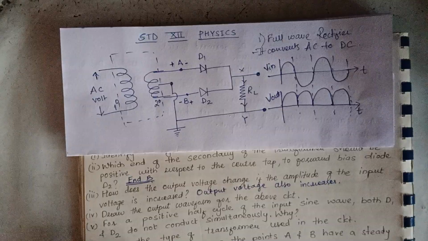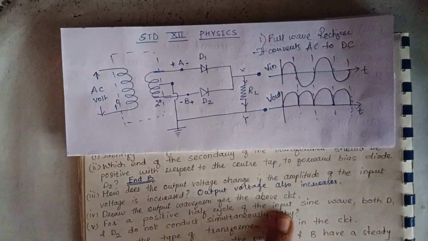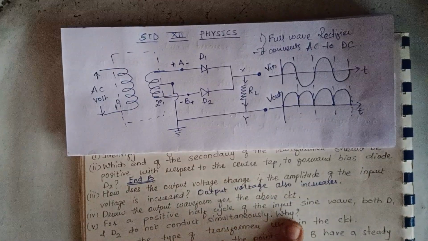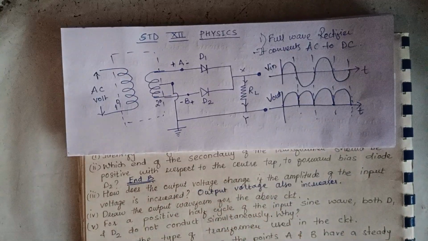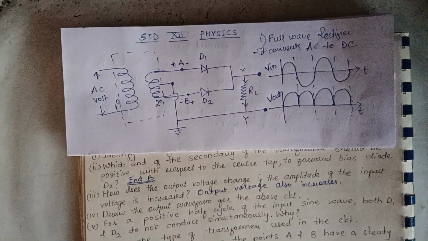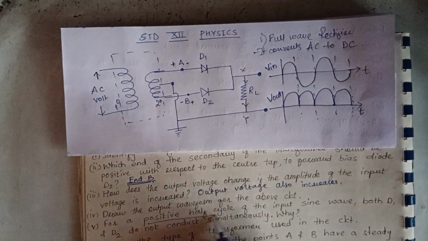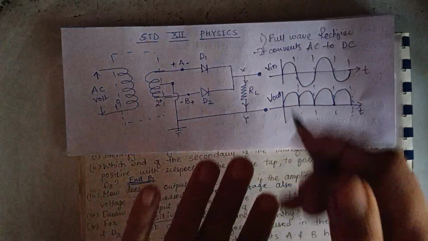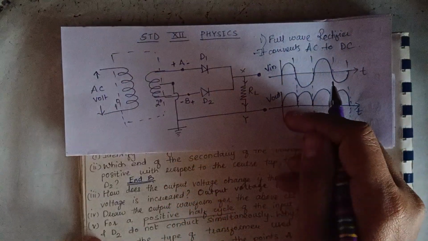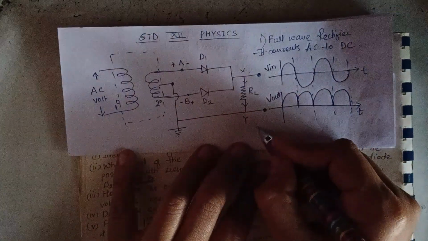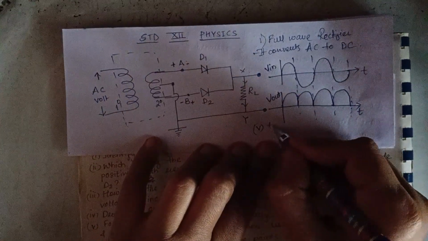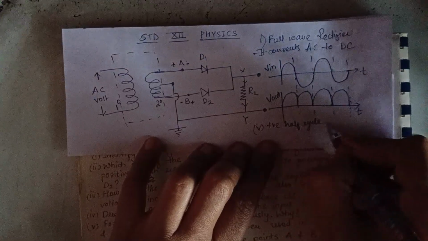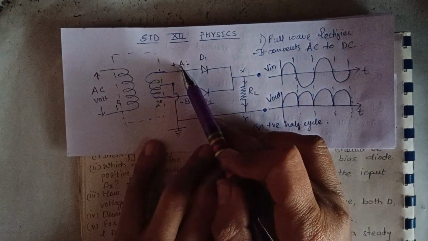Fifth question: for a positive half cycle of the input sine wave, both D1 and D2 do not conduct simultaneously. Why? The answer is for a positive half cycle. You have to write like this. Positive half cycle implies that A is positive.